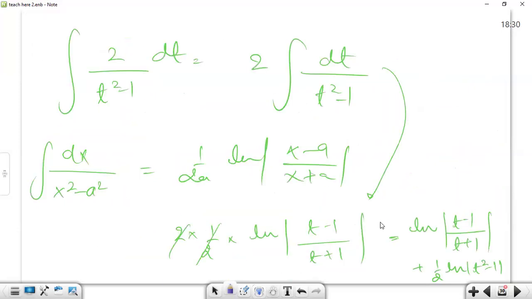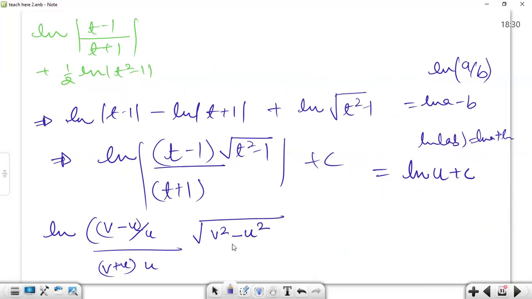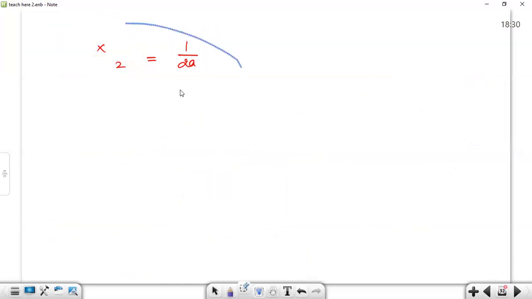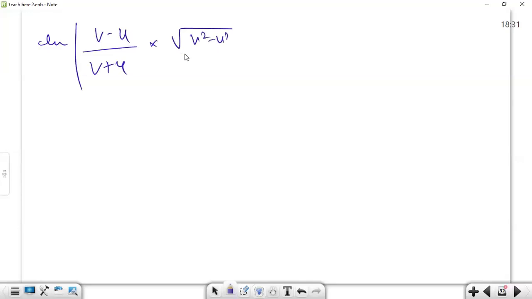T was V over U. T was V over U. So logarithm of V over U upon V plus U over U into V square minus U square upon U equals logarithm of U plus C. Now this U and this U cancel each other, and this can be further rewritten as logarithm of v minus u on v plus u into v square minus u square upon u. Correct? Equals logarithm of u plus c.